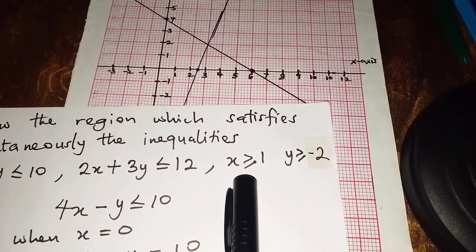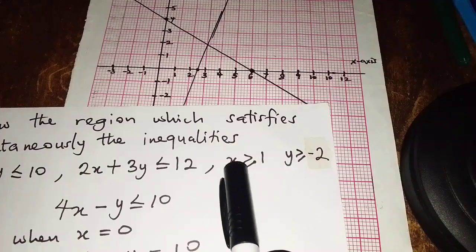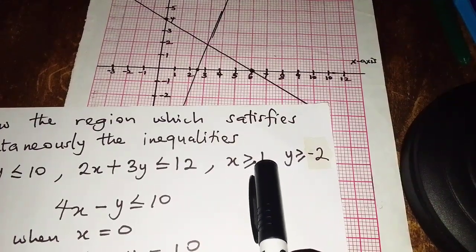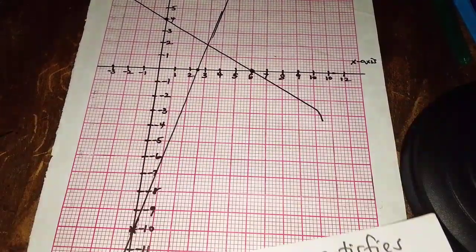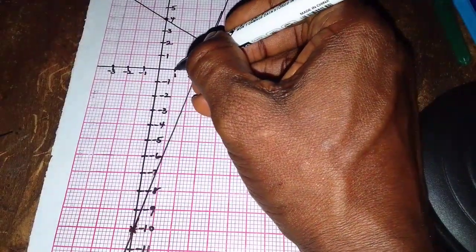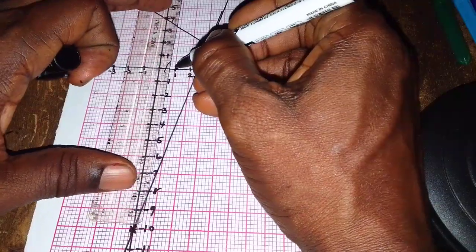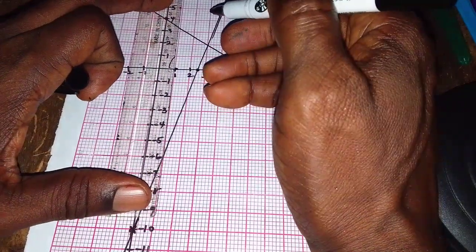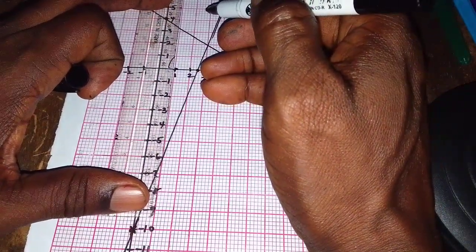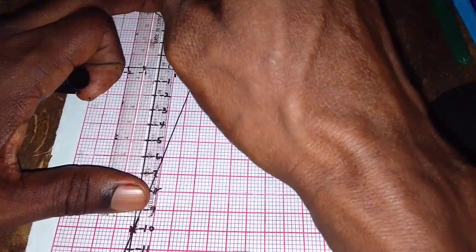Now the other one, when x is greater than or equal to 1. Where do you see 1 on x? This is 1 on x. So now you are going to draw a vertical line on x equal to 1.